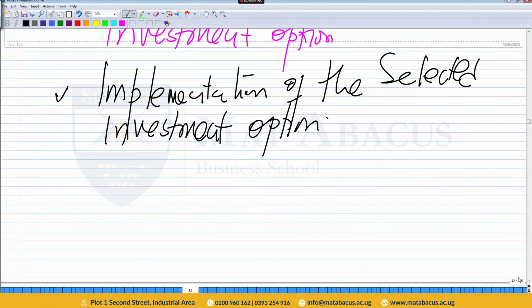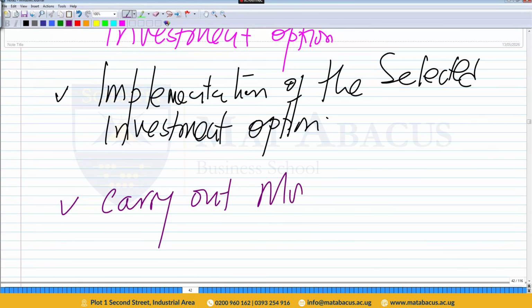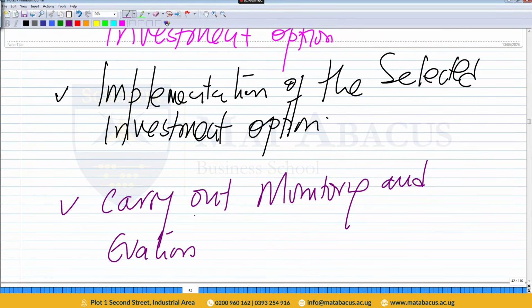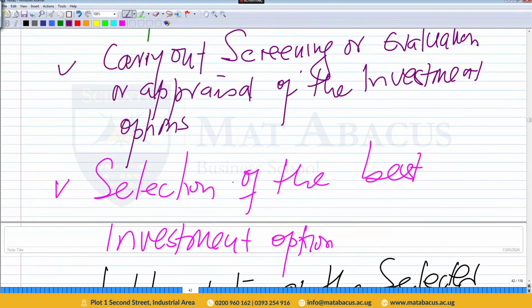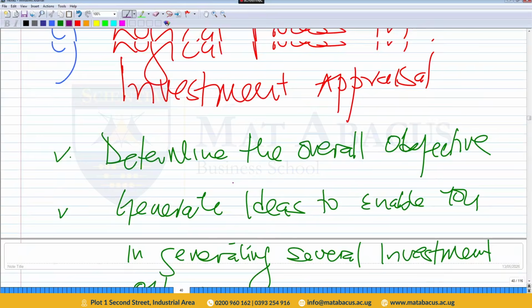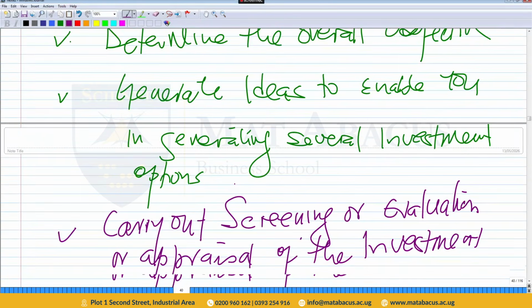And then finally, you carry out monitoring and evaluation, etc. That is always the logical framework, the logical process, the stages involved.